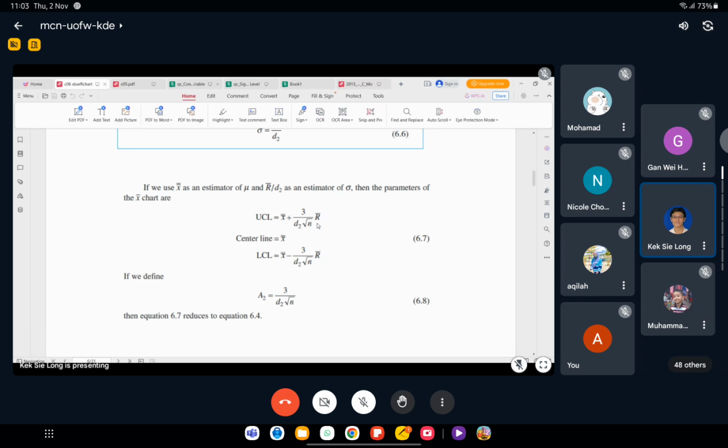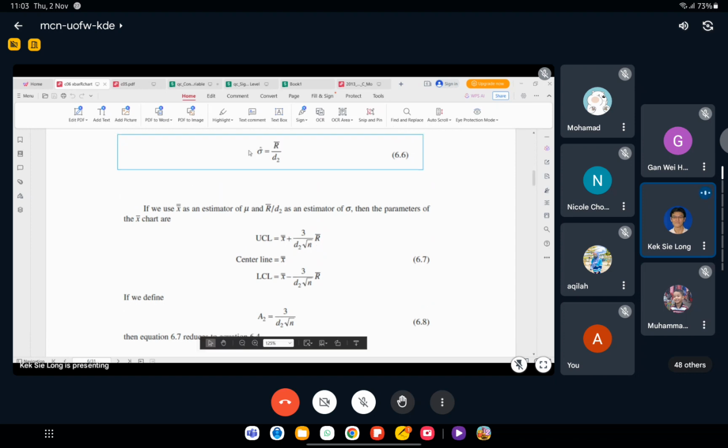Our sigma W is R bar divided by D2. Okay, R bar divided by D2. The number 3 refers to the 3 sigma level.